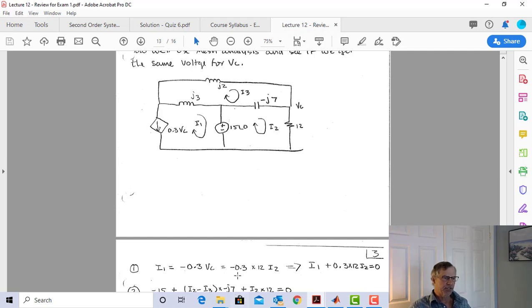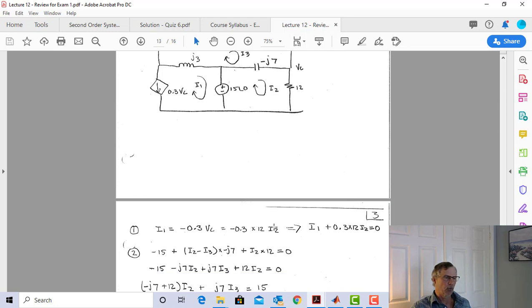And so that's going to be equal to minus 0.3 times 12 times I2. Because VC is just 12 times I2, right? So putting those together, I get I1 plus 0.3 times 12 I2 equals 0.